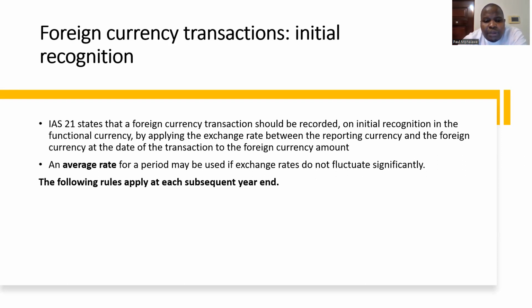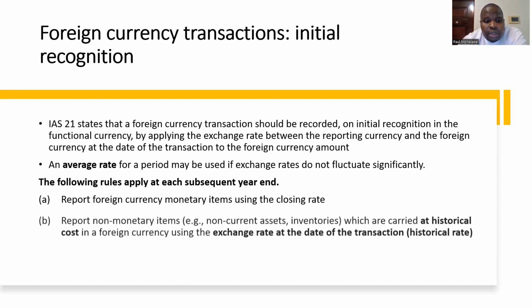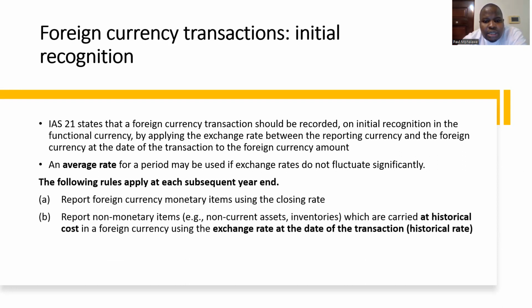So the following rules apply at each subsequent year end. Report foreign currency monetary items using the closing rate, as I alluded to earlier. Report non-monetary items, non-current assets and inventory, which are carried at historical cost in foreign currency, using the exchange rate at the date of the transaction, the historical rate. I revert my earlier statement that we should use the closing rate. Actually, we use the historical rate.